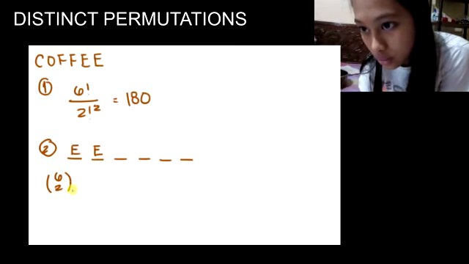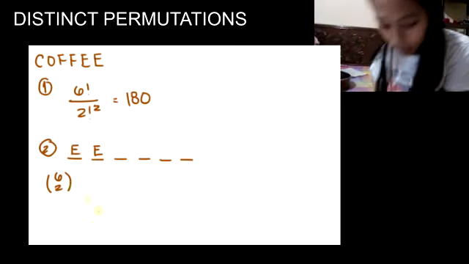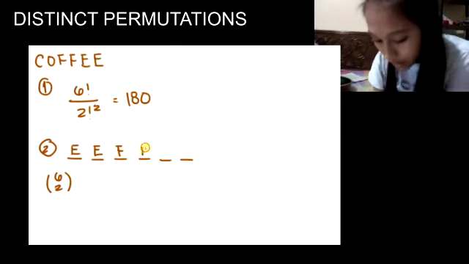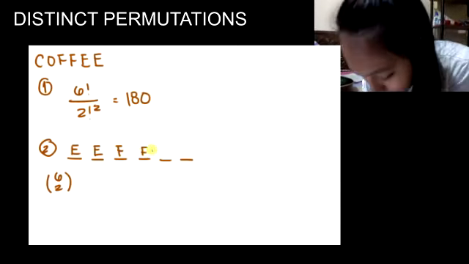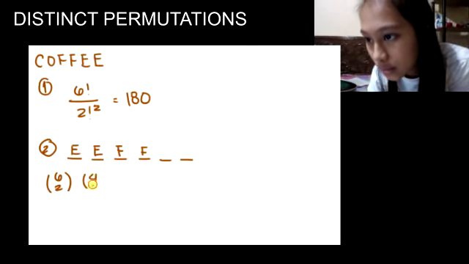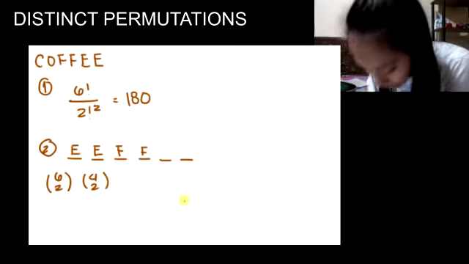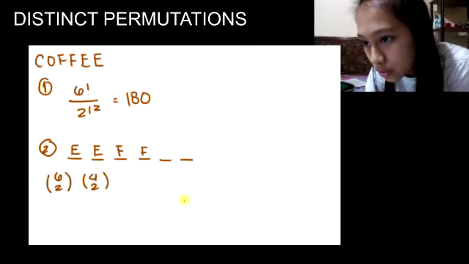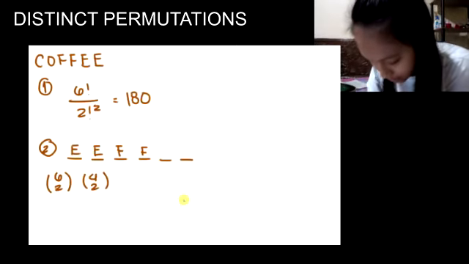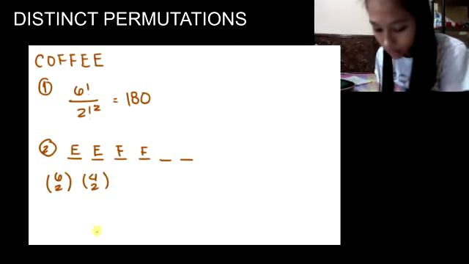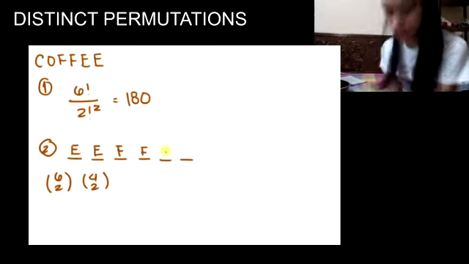This can be done in 6 choose 2 ways. By the way, this is a binomial coefficient. So, now 4 blanks remain. Place the F's in these. So, F and then F. There are 4 choose 2 ways to do this. 2 blanks remain for C and O. And so, dalawang ways din yun.